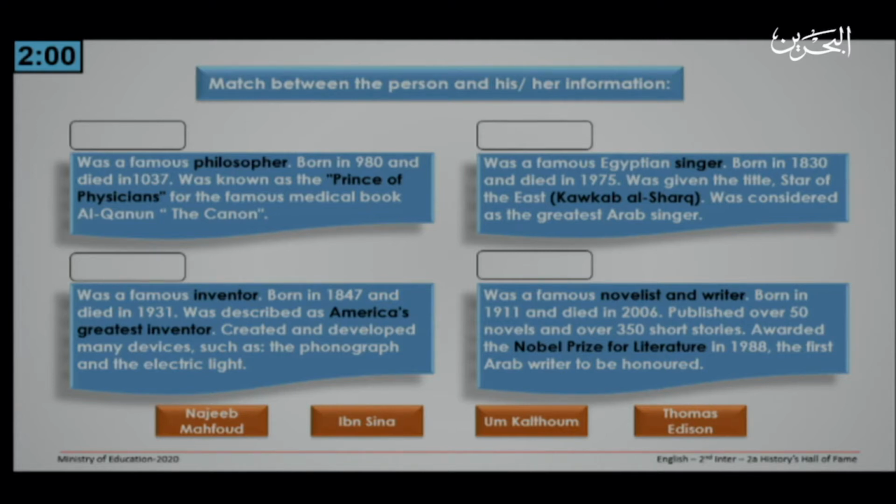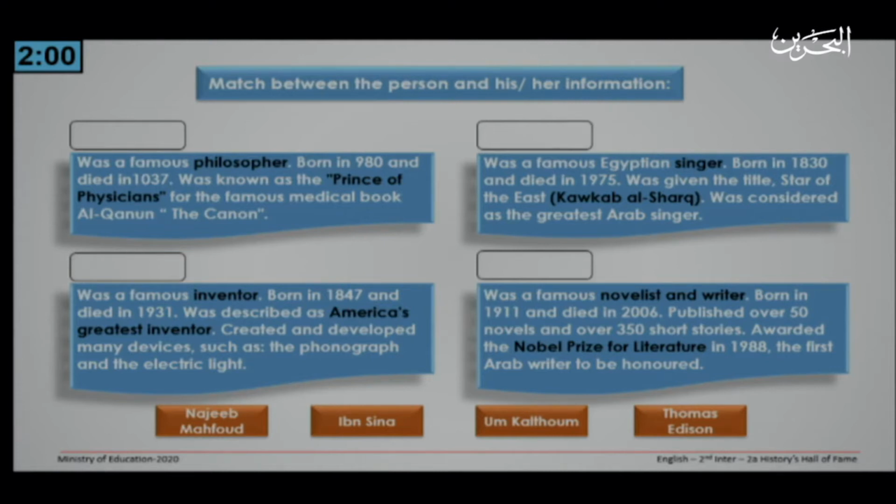Was a famous philosopher born in 980 and died in 1037, was known as the Prince of Physicians for the famous medical book Al-Qanun, the Canon.